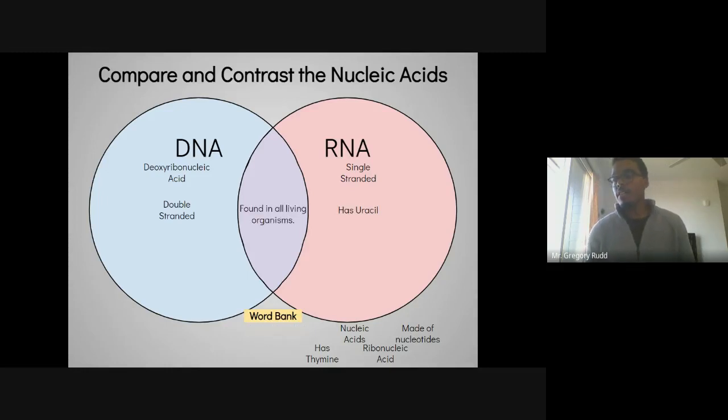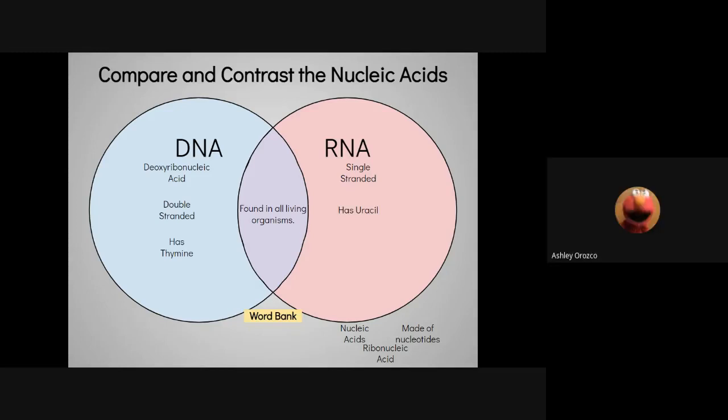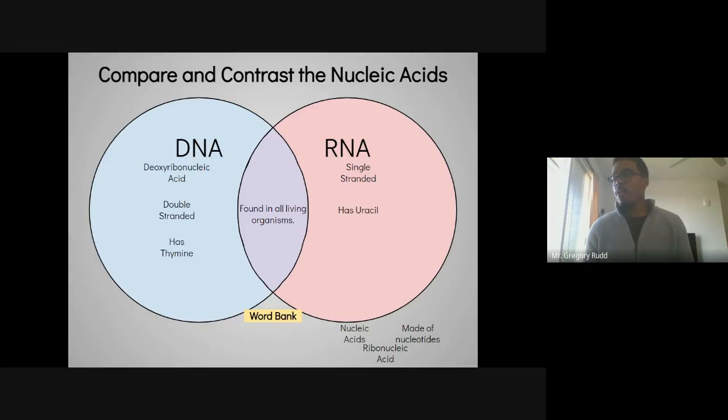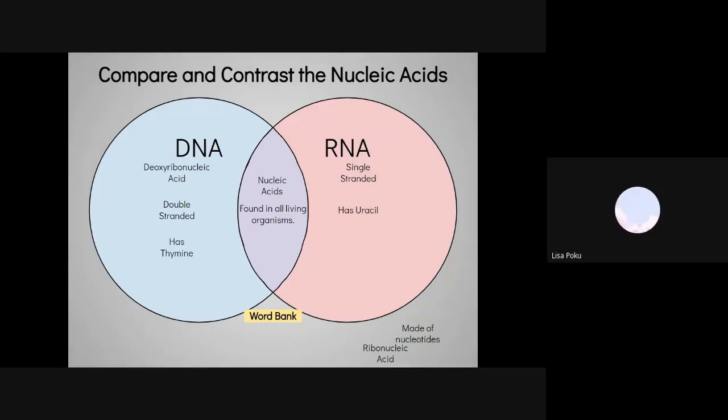Which one has thymine? DNA. Thank you, Lisa. And again, you don't need to memorize the word thymine, but we can refer to it as just T. DNA has a T. Nucleic acids, where should that go? Both of them. Ribonucleic acid. RNA.